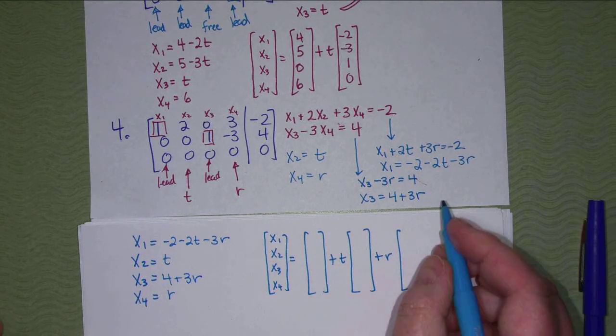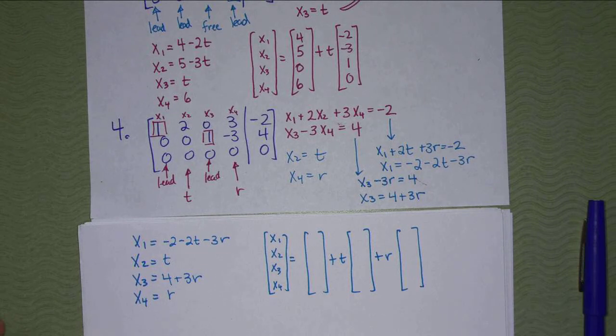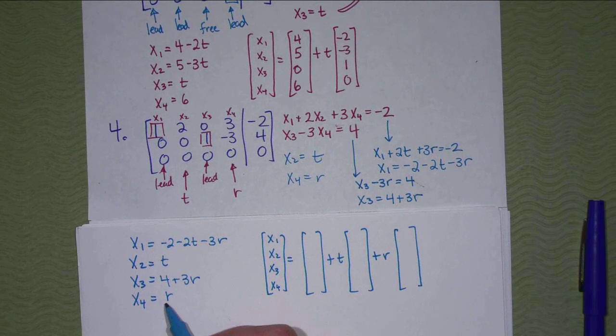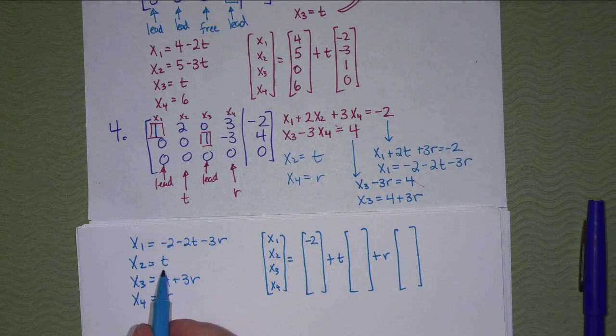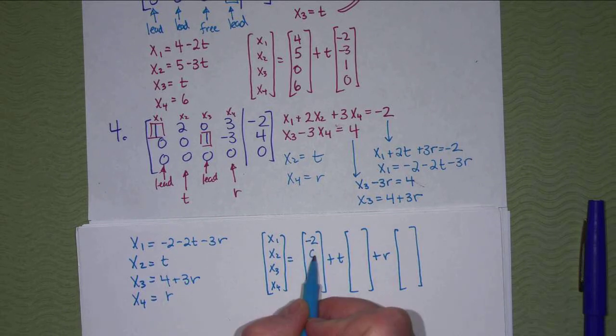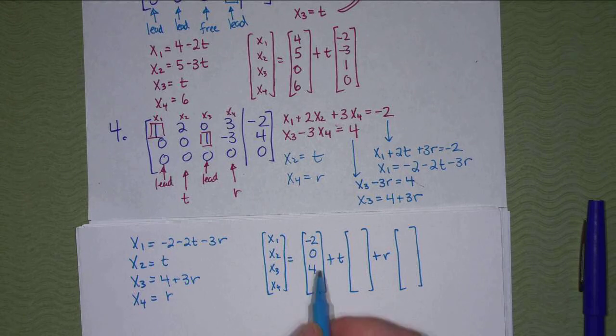So look through any numbers that don't have a variable, which would be in your point. So negative 2 in x2, 0, x3, 4, and x4, 0. Now we look for the t's. So in the first one, negative 2.